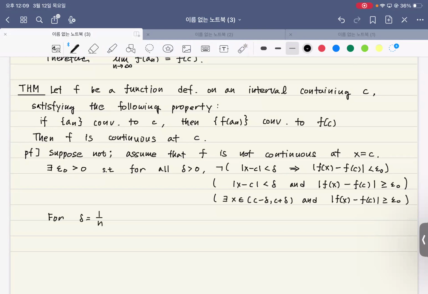So that means if I choose my delta to be just 1 over n, where n is some positive integer, then this statement must also be true for this delta. So I can find some point in this interval satisfying this inequality, right?